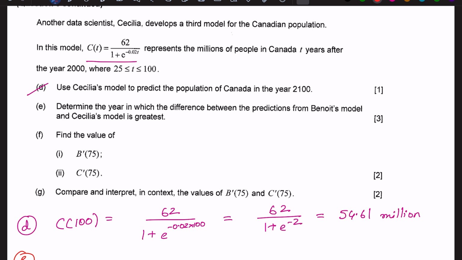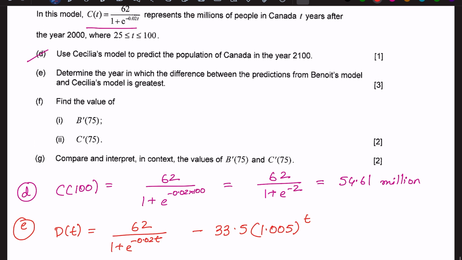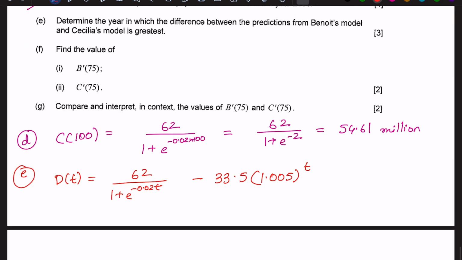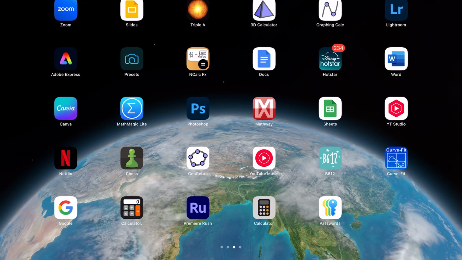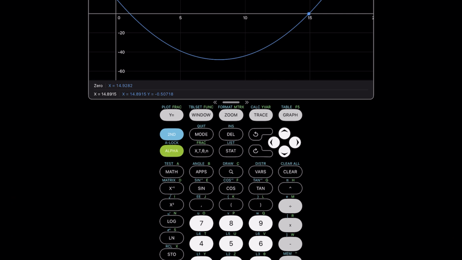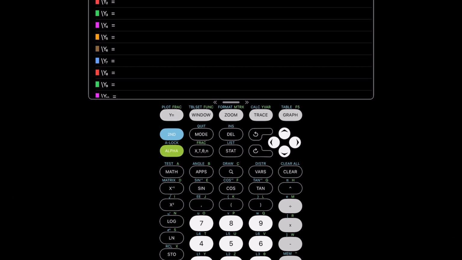We can find the difference function. The difference function will be 62 divided by 1 plus e to the power minus 0.02 t, minus 33.5 times 1.005 to the power of t. Now we can plot this on our TI and find the time where the difference is the highest. So I can clear this.